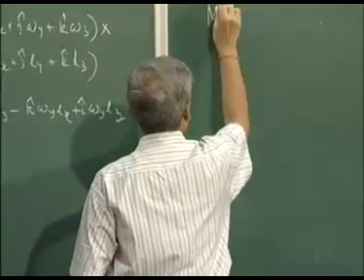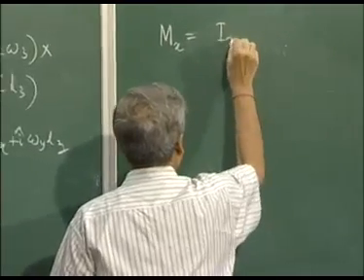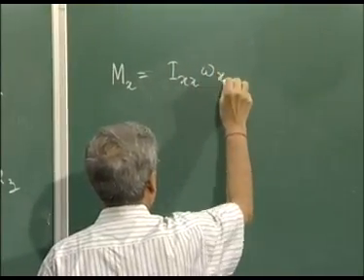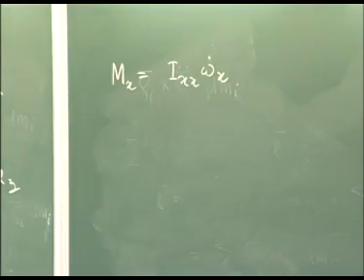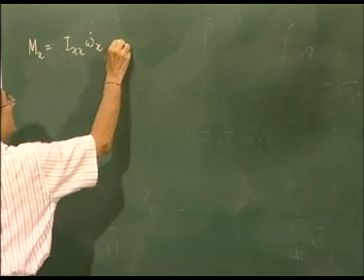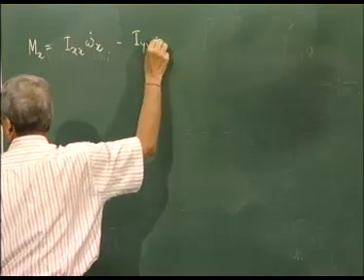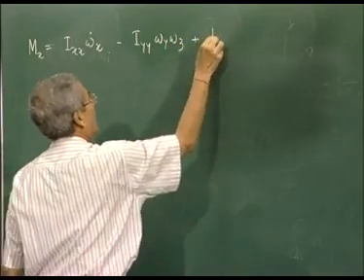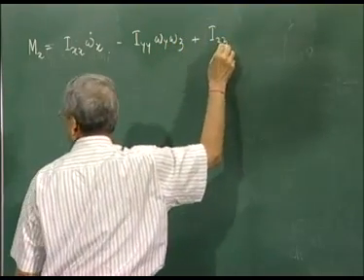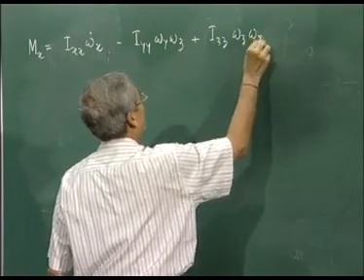In a form that we can remember, generally it is written like this: Mx = Ixx omega x dot plus (Izz minus Iyy) omega z omega y.